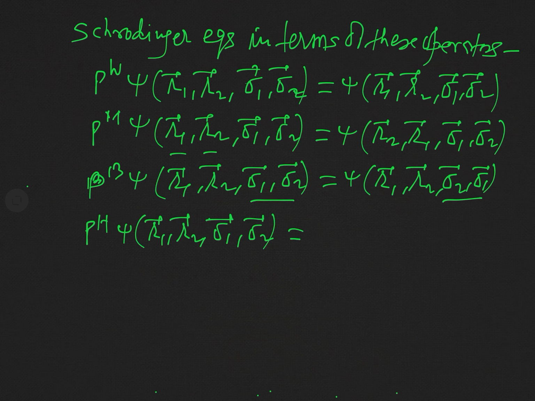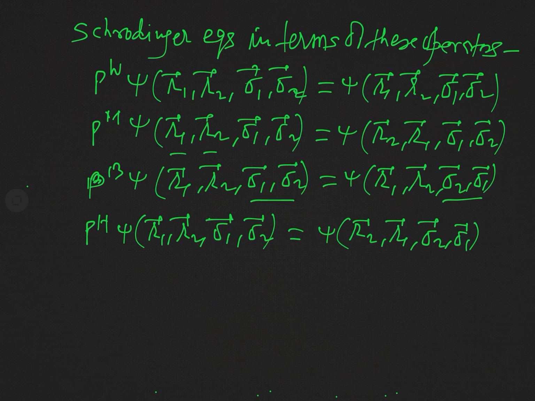As this operator interchanges both the position and spin directions, our result will be psi of r2, r1 and sigma 2, sigma 1. So in terms of these four operators, we have just written the Schrodinger's equation or wave equation.